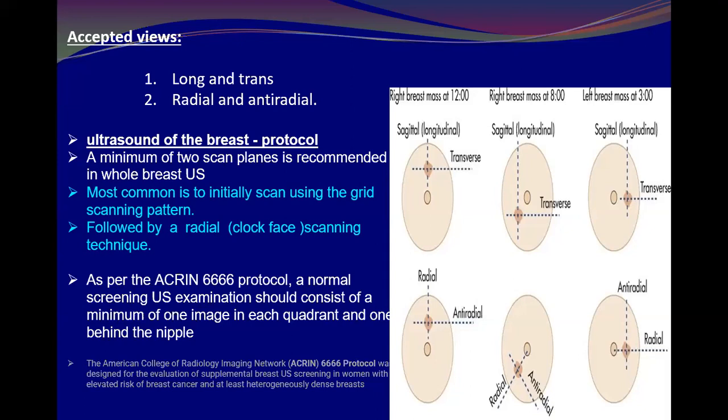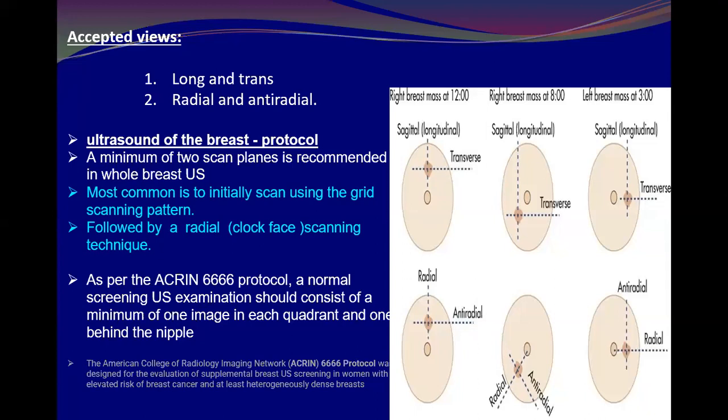And as per the ACRIN 6666 protocol, a normal screening ultrasound examination should consist of a minimum of 1 image in each quadrant and 1 behind the nipple. As a minimum, when you take images of the breast, you screen the whole breast, not a targeted ultrasound. If you screen the breast, you have to take at least a single image for each quadrant.